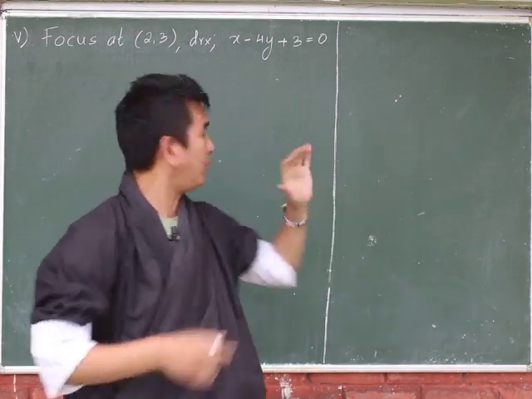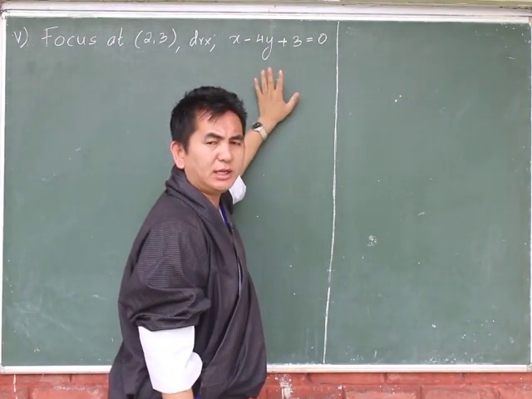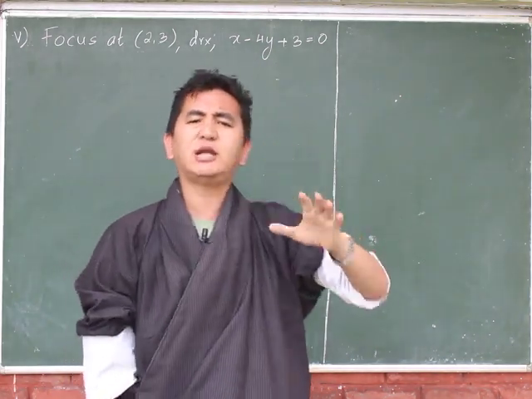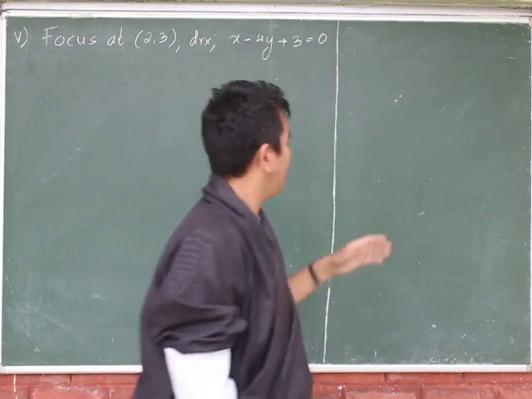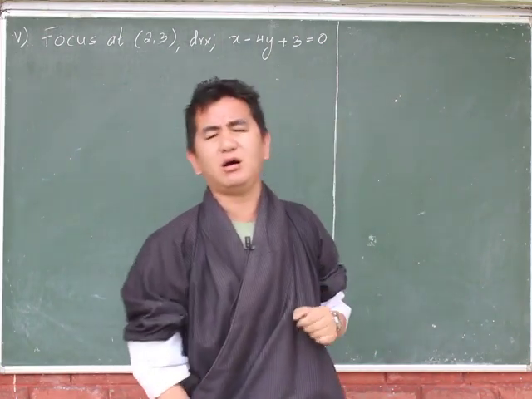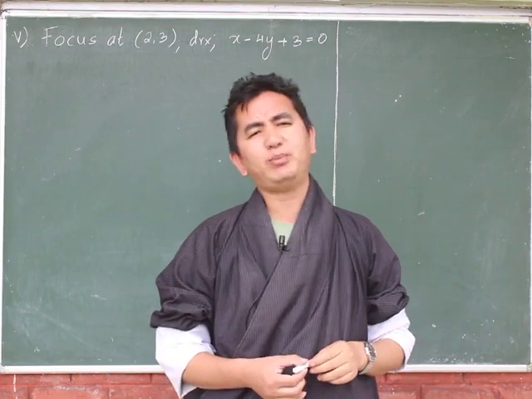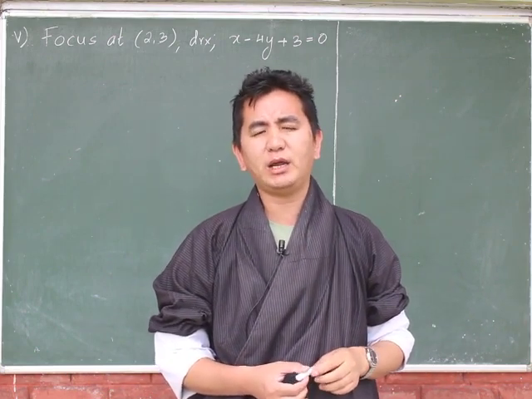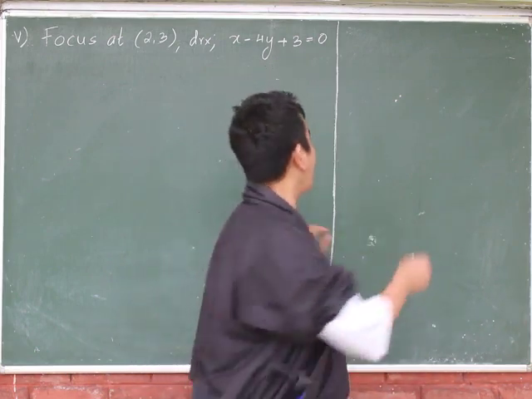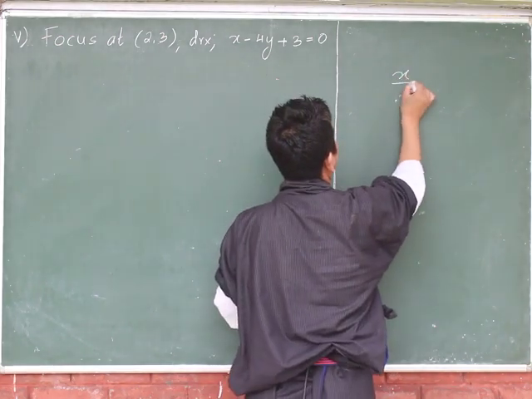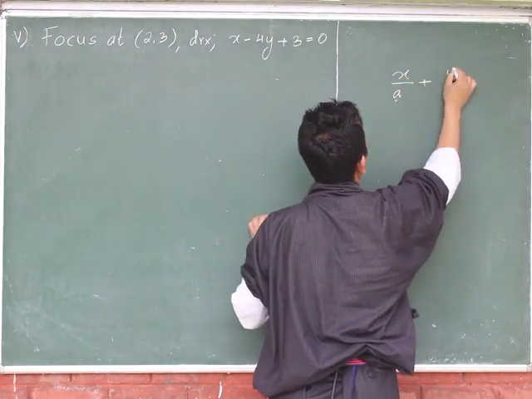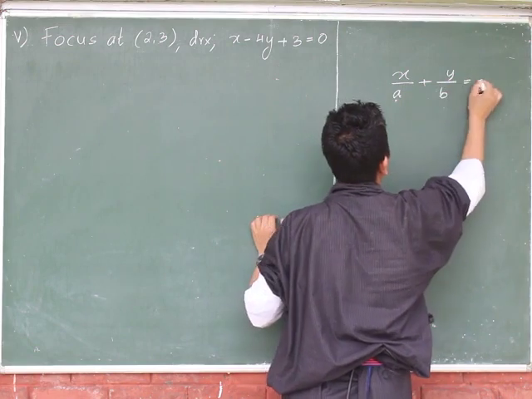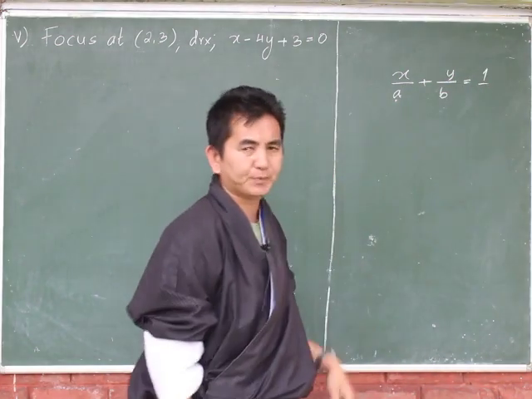So now if you just want to see how this directrix intersects, for that you have the concept of intercept of plane. Under intercept of plane there is one concept where the intercept form is given by x by a plus y by b equals 1.